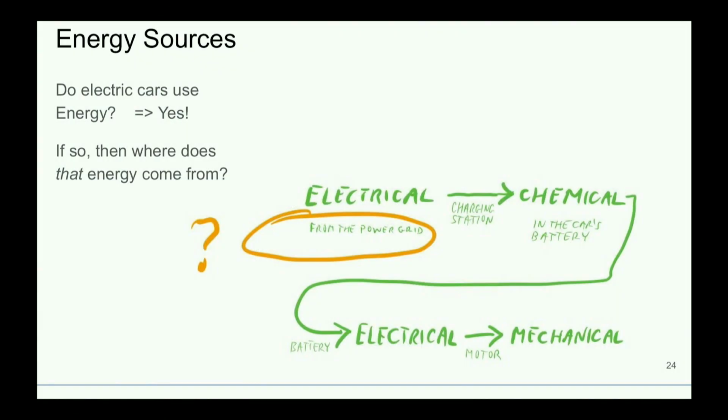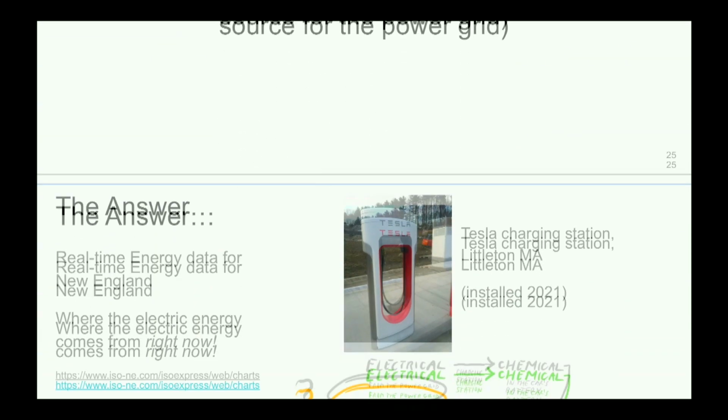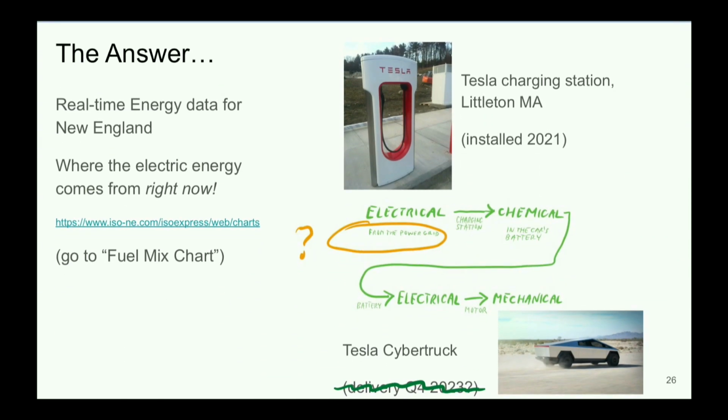If I want to know where my energy is coming from in the power grid, I can just ask the internet. There is a grid operator here in New England where I live. This is the northeastern part of the United States, and they serve the electric grid in a large collection of states here in the Northeast.